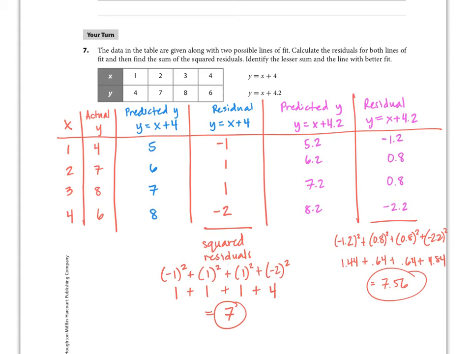So if you look at the directions at the top, it says identify the lesser sum and the line with the better fit.